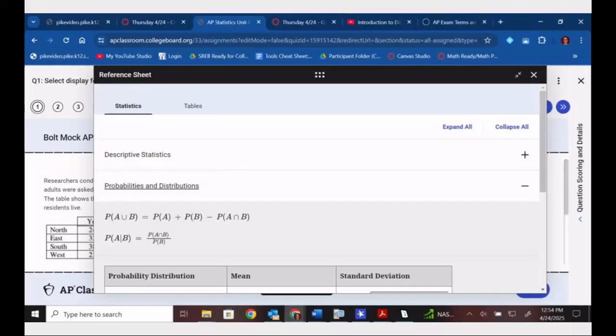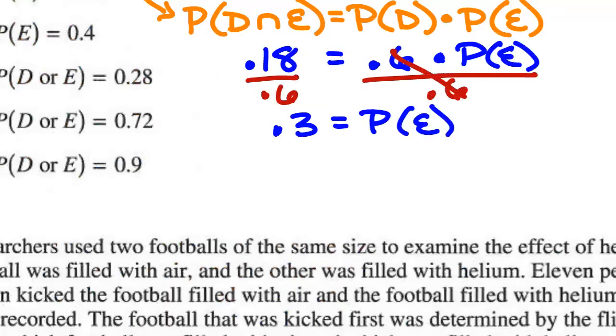The probability of the union, the OR, is equal to the probability of A plus the probability of B minus the probability of the intersection. I now have all 3 of these pieces right here. So we're going to be able to calculate the probability of the union.